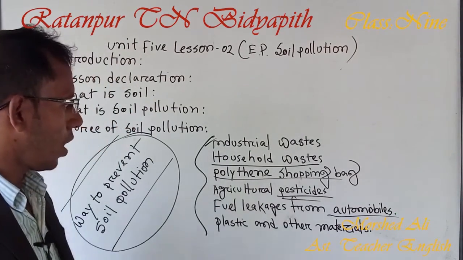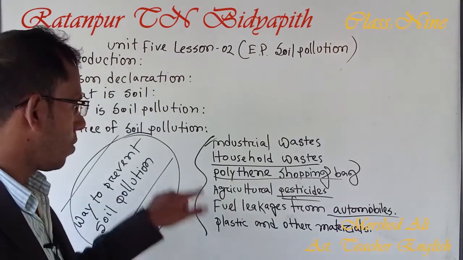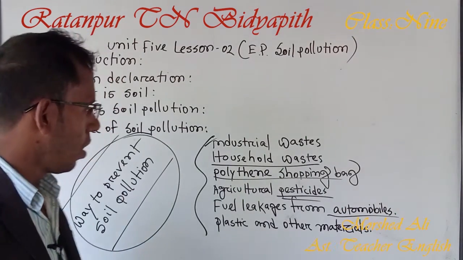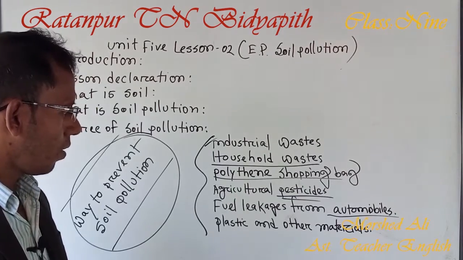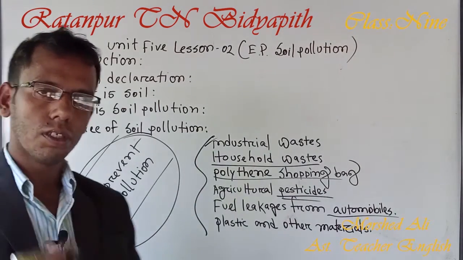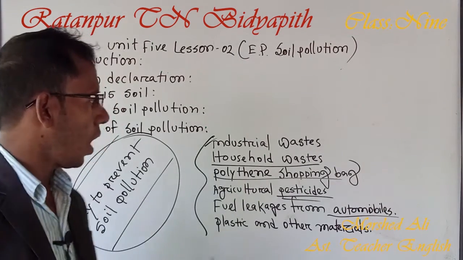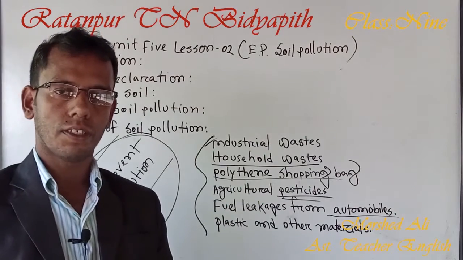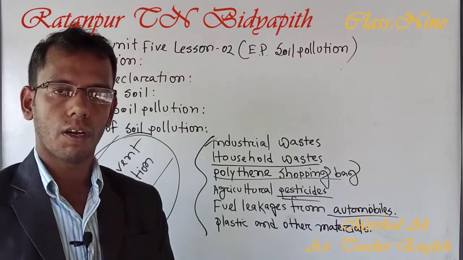And we have to be aware of using such things in our practical lives. If we don't overuse them, then our environment and our soil will be safe, and safety will be ensured for ourselves.